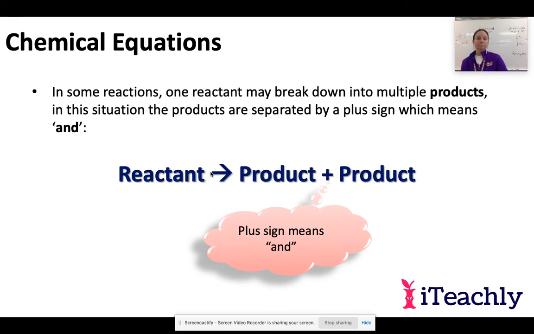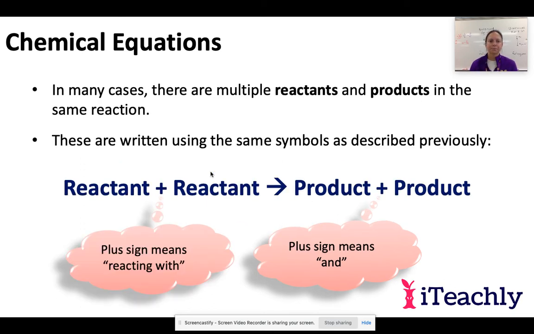On the product side, we can also use the word and. So the plus sign can be read as and, or reacts with, so that we can understand verbally how we say the chemical equation. Here I have multiple reactants and multiple products.